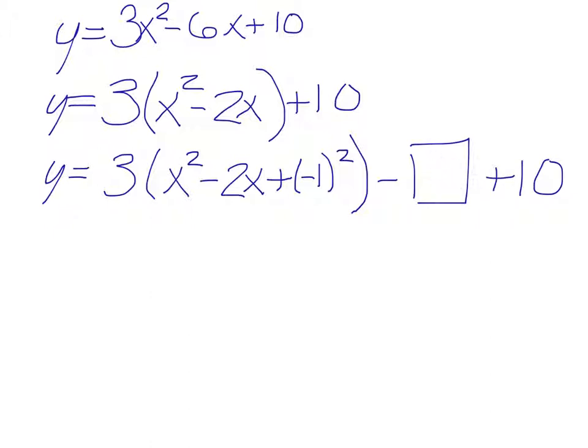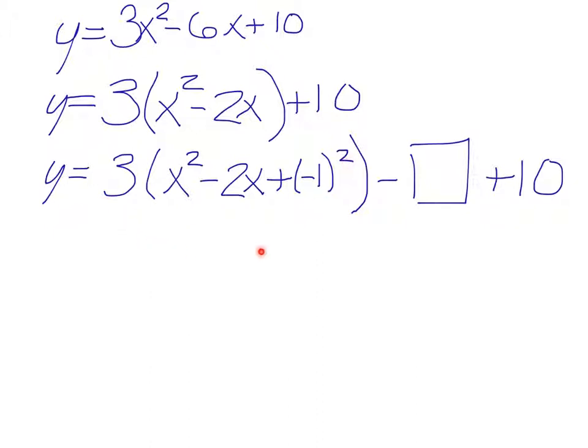In the past, you know that if you're going to add something to the equation, you also have to take it away. So I have this plus negative 1 squared. You might think, why don't I just do minus negative 1 squared? Well, this 3 applies to this 1. We're not just adding negative 1 to the second power.